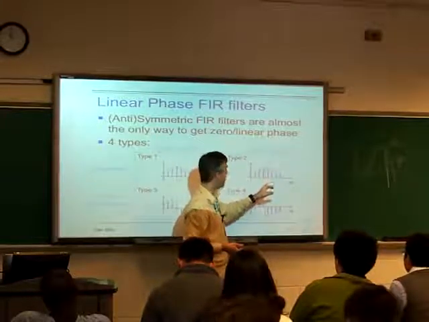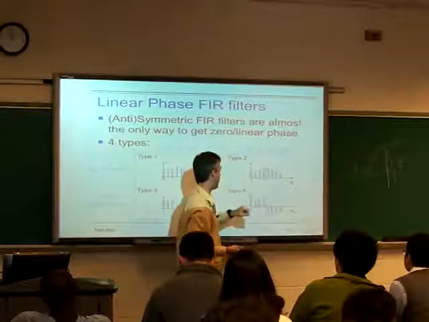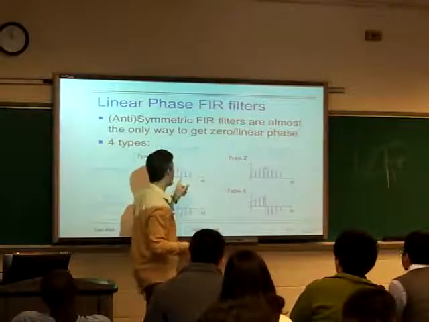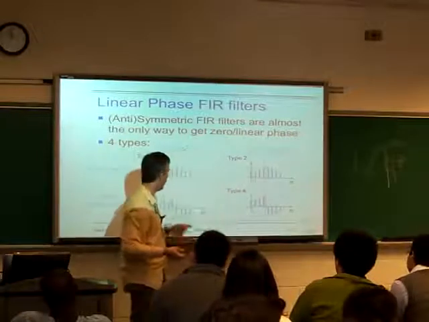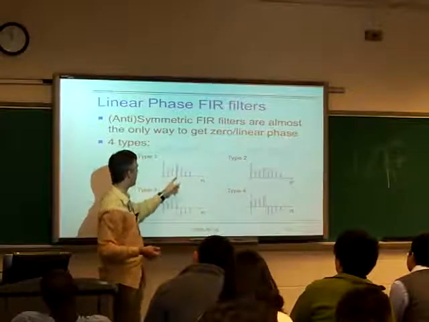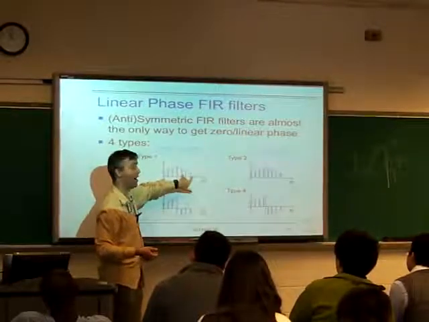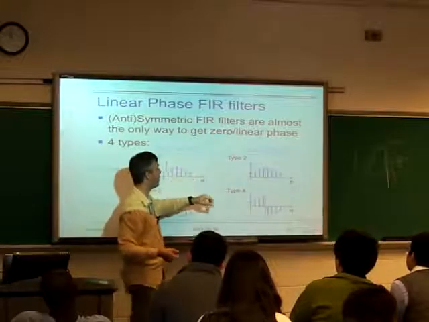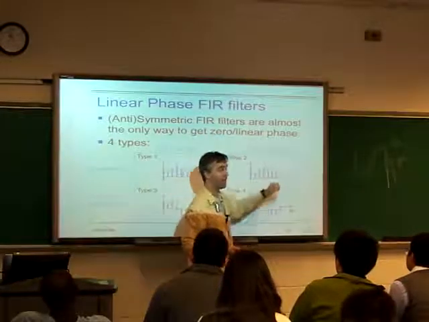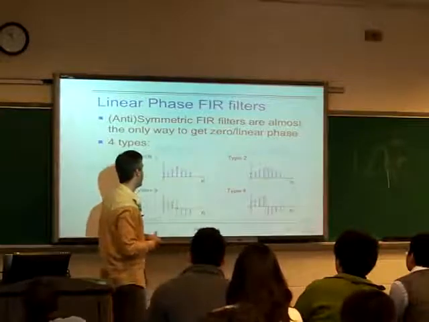There are no other ways you can do it. If you skew this so it's not symmetric, then you won't get the same values here. But it can either be at 0 or a half. And this is an odd length filter. So with an odd length filter, you have one point in the middle, then m points over here and m points over here, so you get 2m plus 1 points. Or you just have m points and m points, so you get 2m points. So you have odd length and even length symmetric filters.